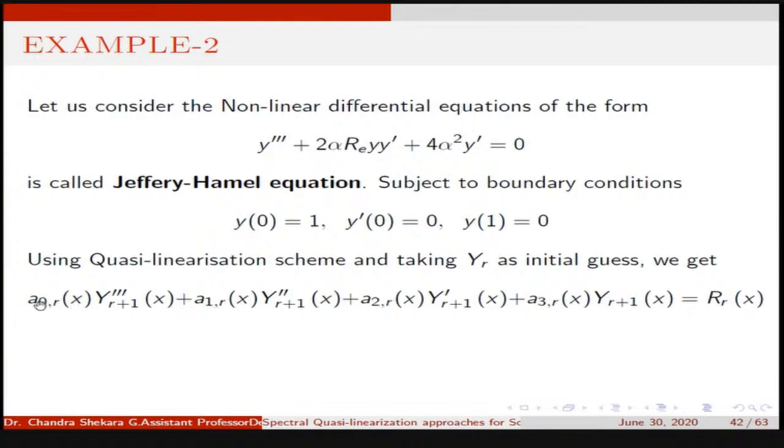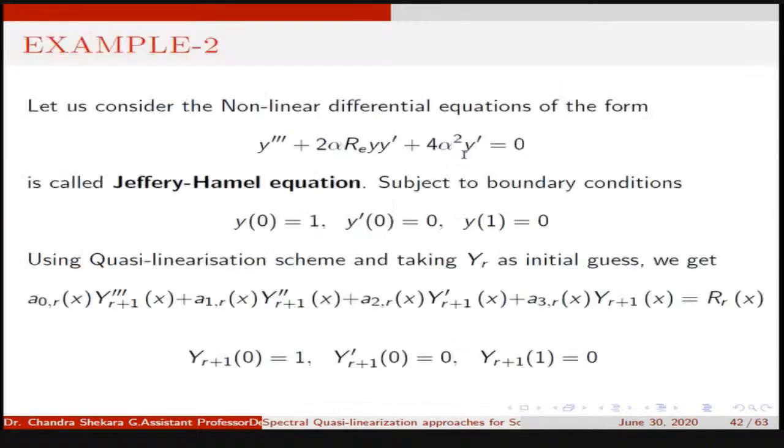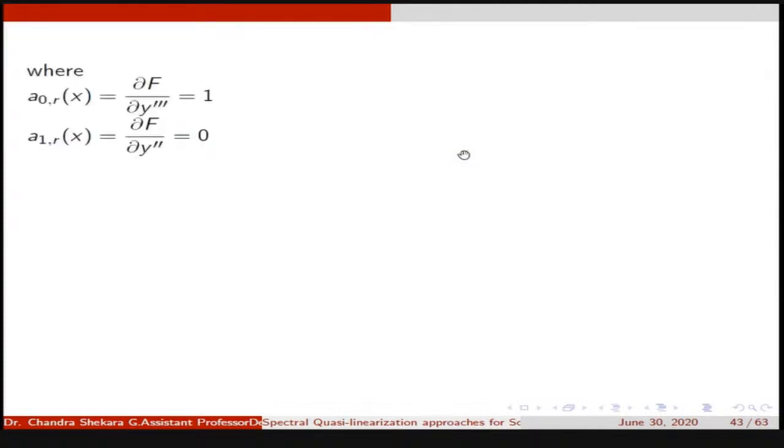Now how to find a0r? a0r is nothing but the differentiation of this nonlinear operator with respect to y triple dash. If I differentiate with respect to y triple dash, then the partial derivative of f with respect to y triple dash is just 1. a1r is nothing but the derivative of f with respect to y double dash. There is no y double dash term in this equation, therefore that is equal to 0. a2r is the derivative of f with respect to y dash.